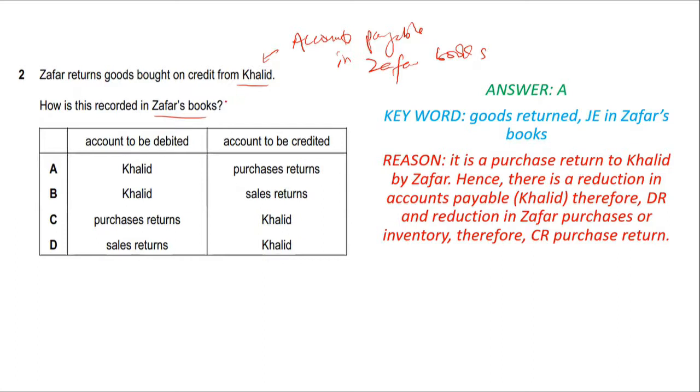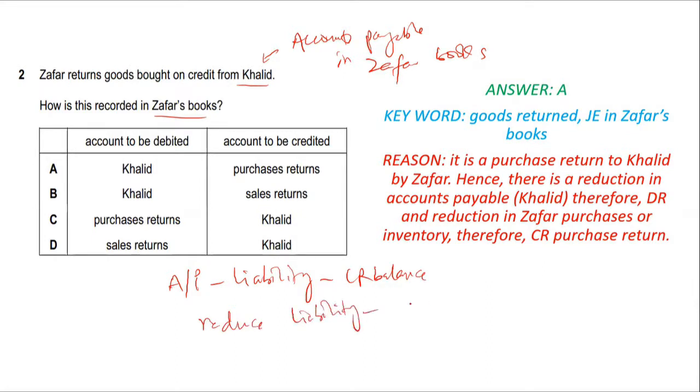And our inventory should also go down, or let's say purchase returns. So we would look for a similar option. Accounts payable, since it's a liability, has a credit balance. But to reduce a liability, or accounts payable, you debit. So the account to be debited is Khalid.